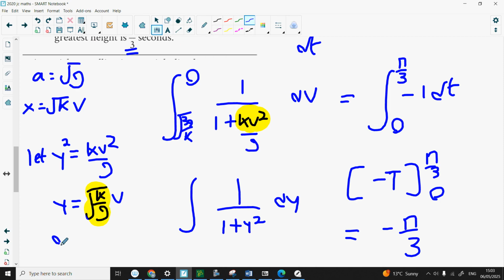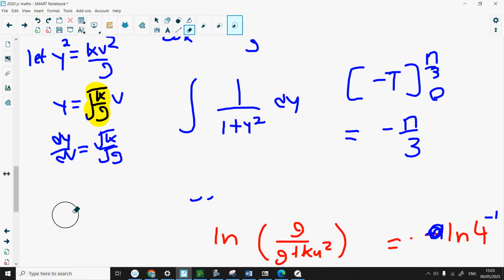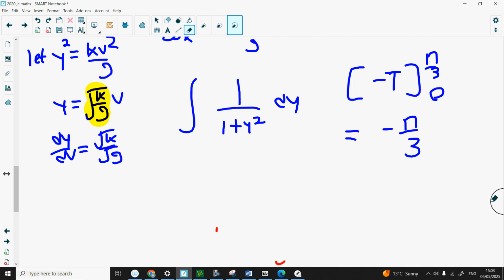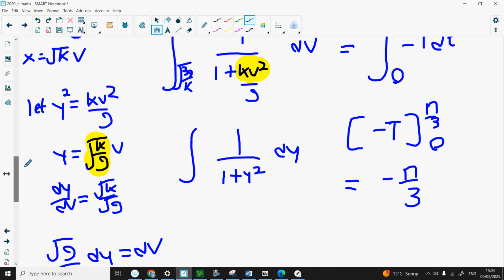This is a constant. So when I differentiate it to get dy by dv, this is going to be root k by root g. And then I can turn that upside down, and I get root g over root k dy equals dv.